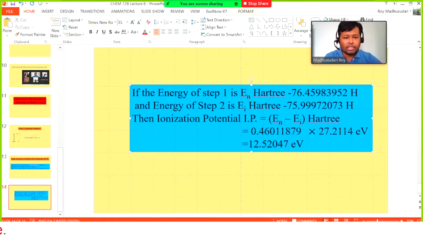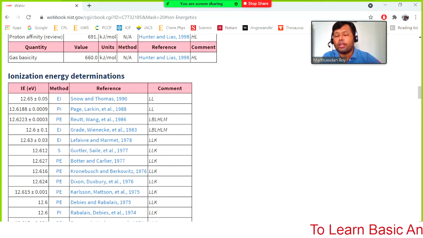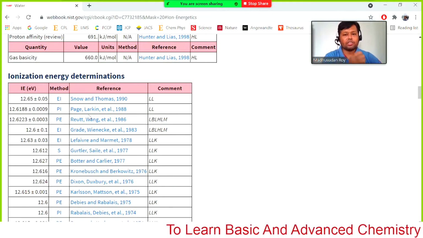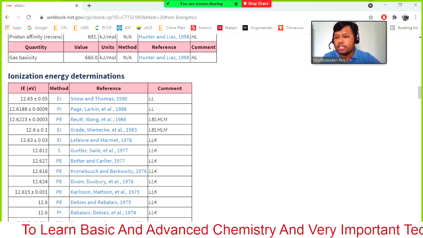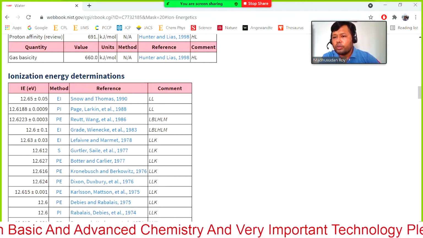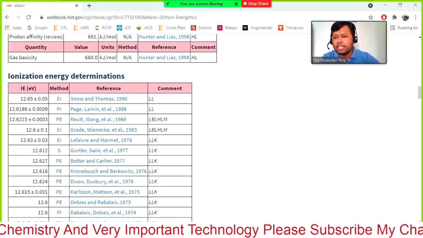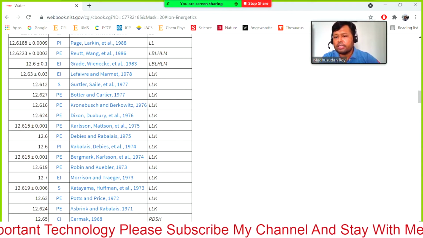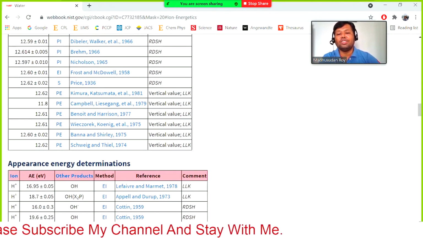Here I have shown you that different people have found different ionization values, because they have used different techniques, or their visualization can be a little bit different. Here you can see 12.65, 12.618, 12.6223, 12.6, 12.63, 12.61, 12.62, 12.6, 12.6, 12.61, and many others.